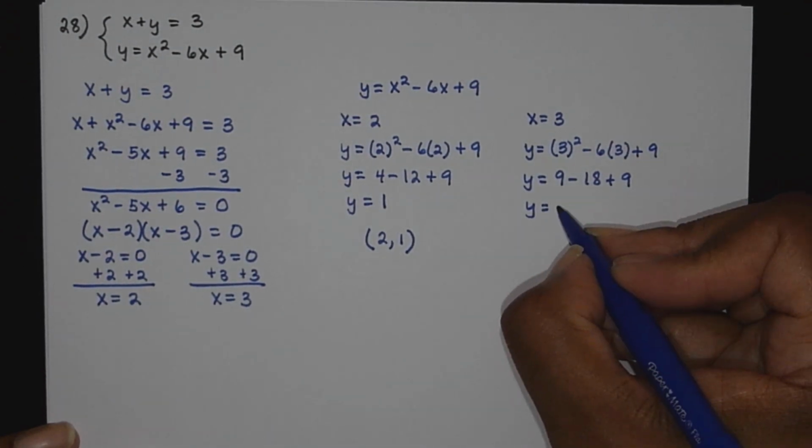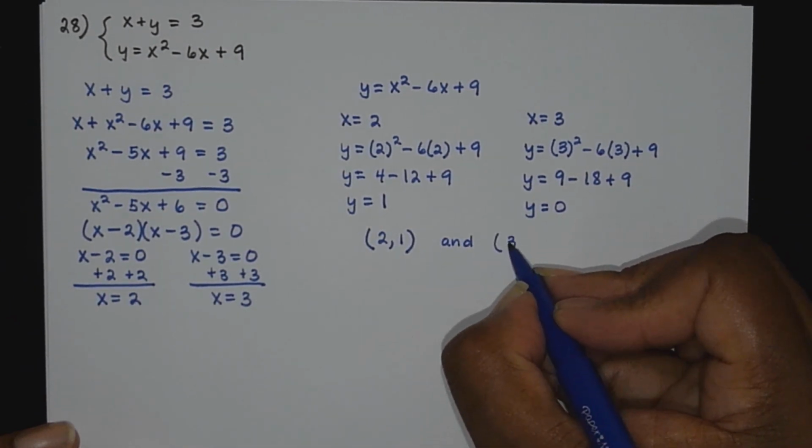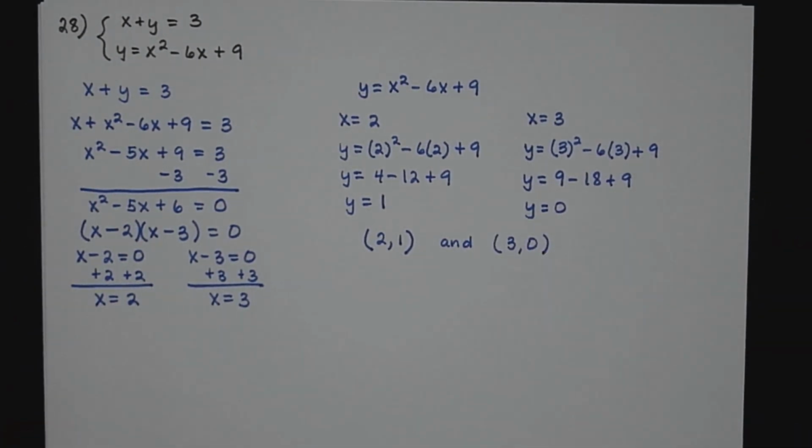Negative 9 plus 9 is 0. So the other ordered pair would be 3, 0. So the two ordered pairs that satisfy this system of nonlinear equations would be 2, 1 and 3, 0. Any questions on number 28?